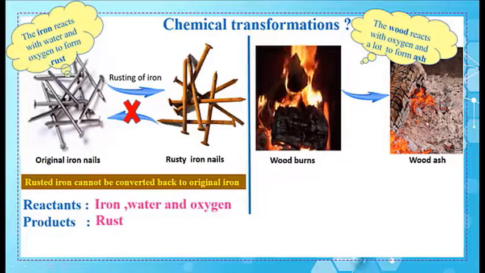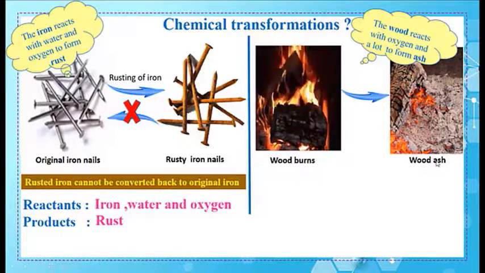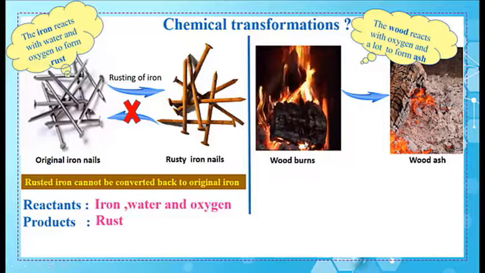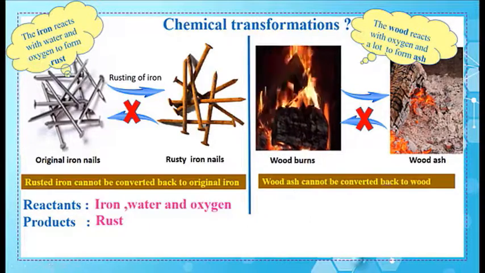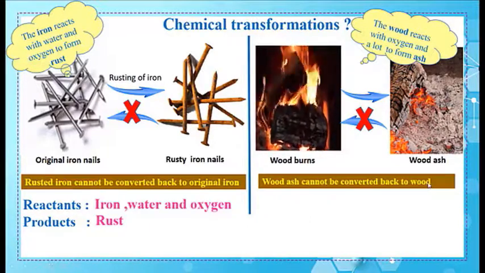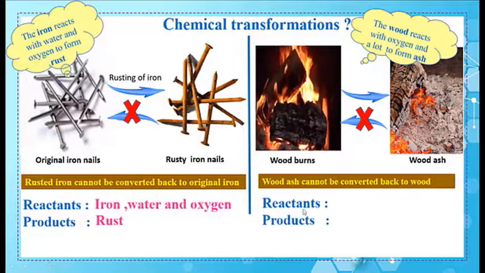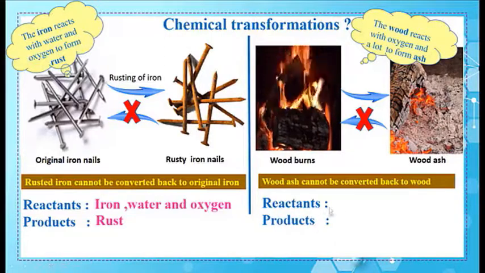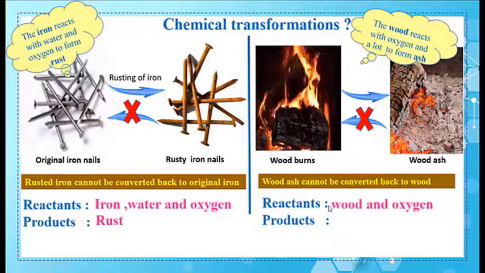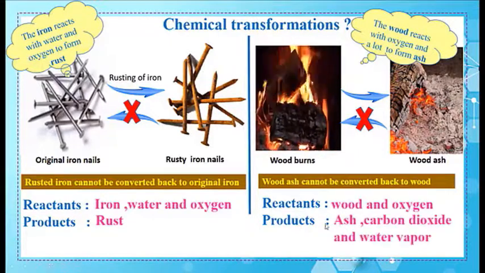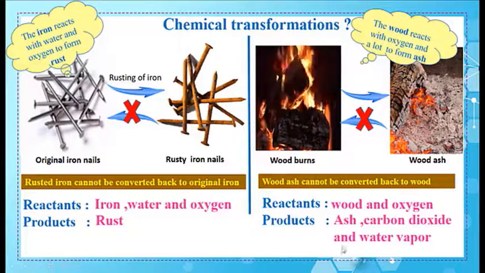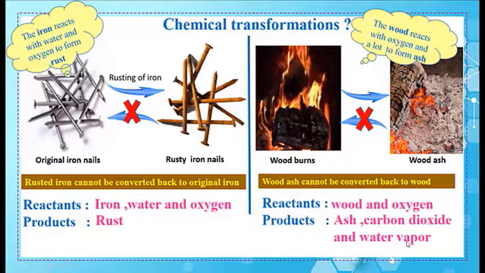And I couldn't recover back the wood from the ash. I couldn't obtain the wood again. They couldn't be converted back. Now, by yourself, name the reactants and the products. Good. Reactants are wood and oxygen, while the products are ash, carbon dioxide, and water vapor.